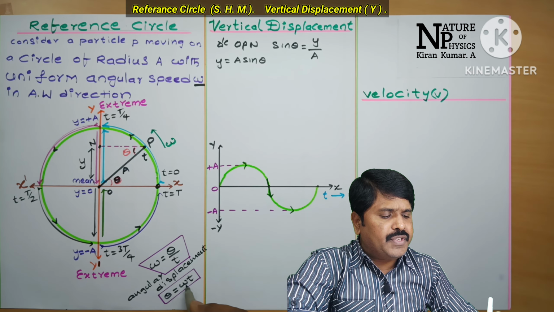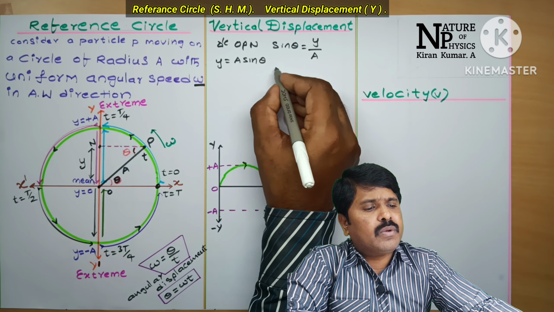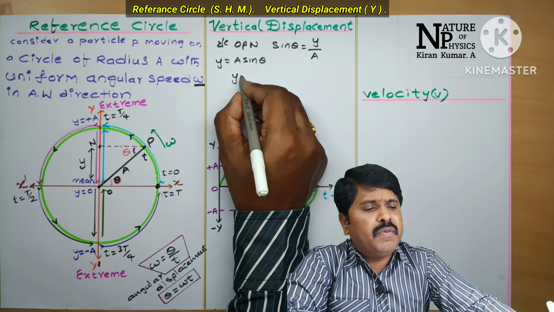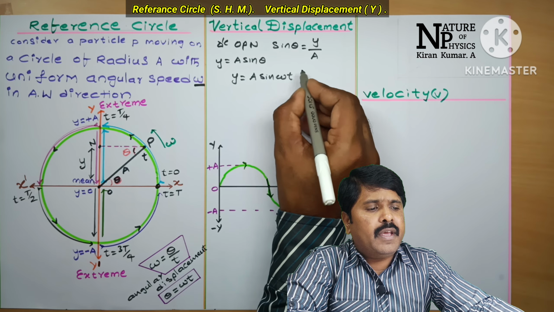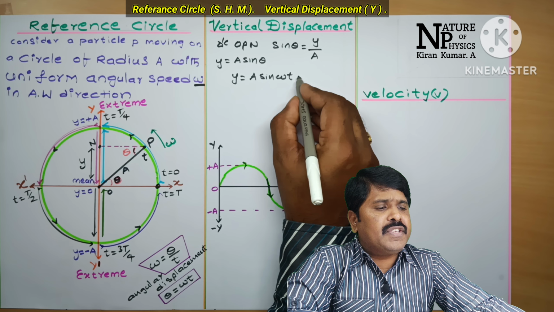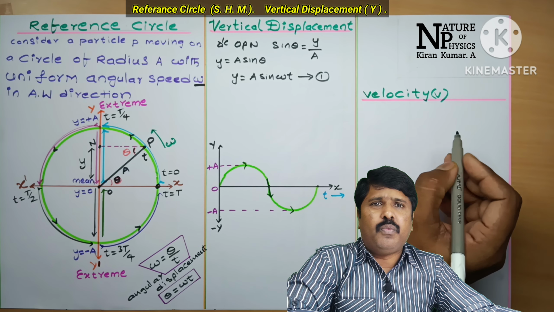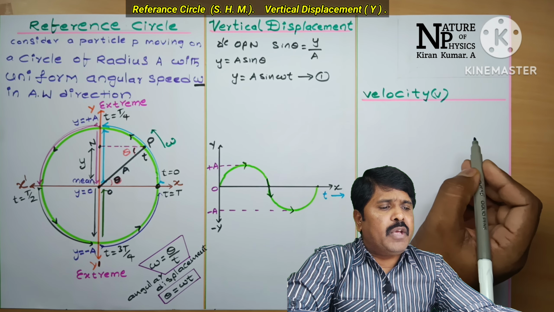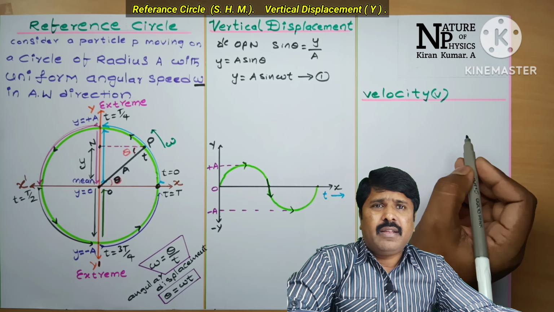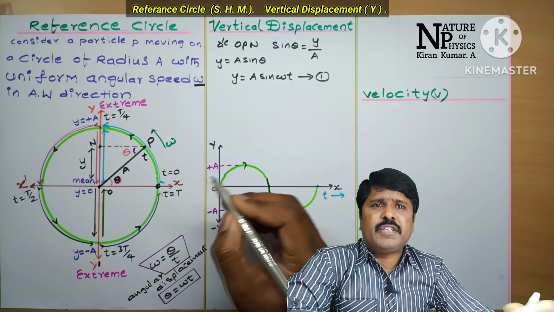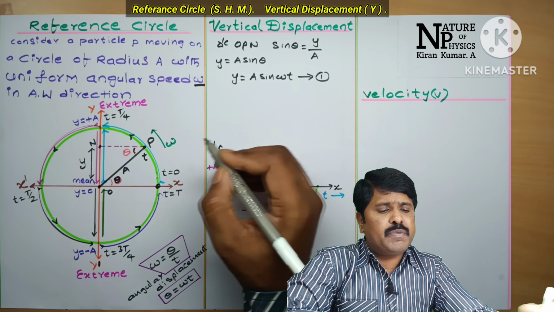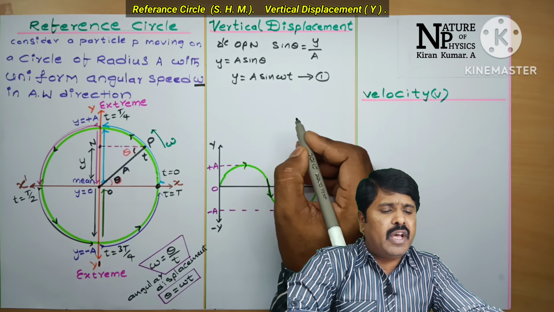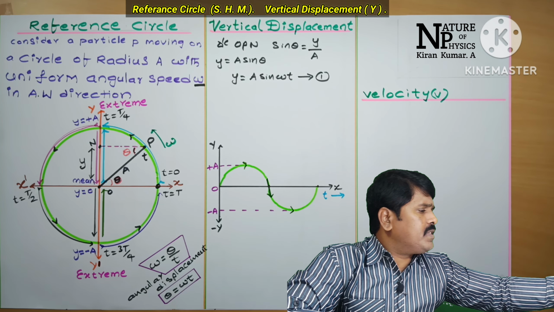But theta is equal to omega t, so I can write y equal to a sin omega t. This is taken as equation number 1. In this equation we can find the mean position displacement and extreme position displacement with respect to the angular displacement theta also.